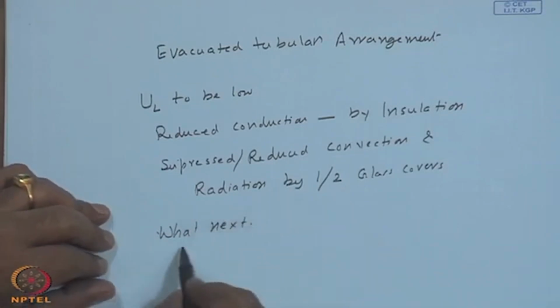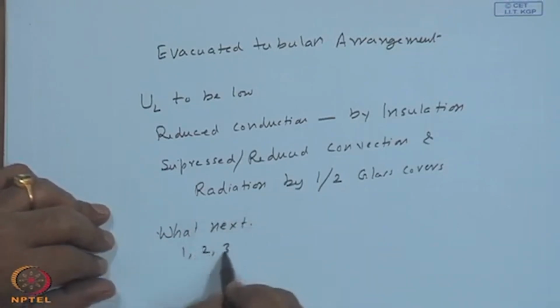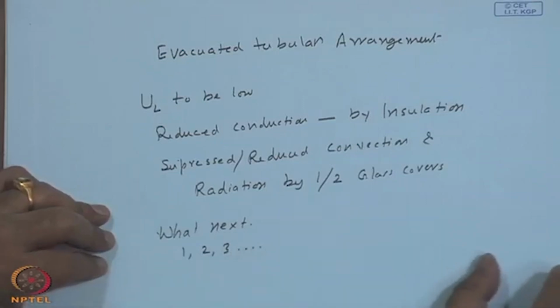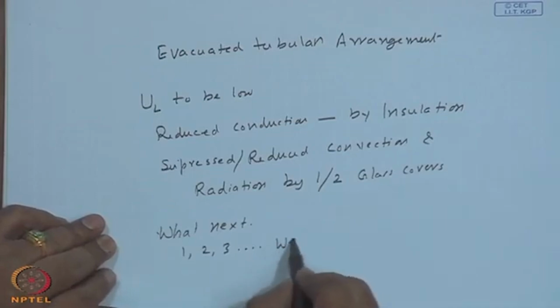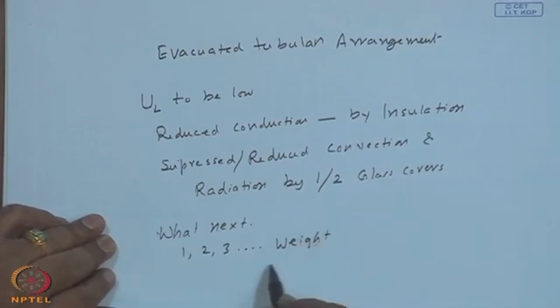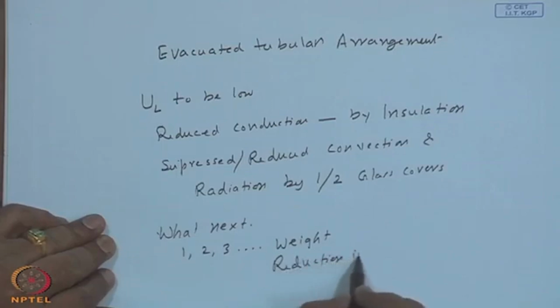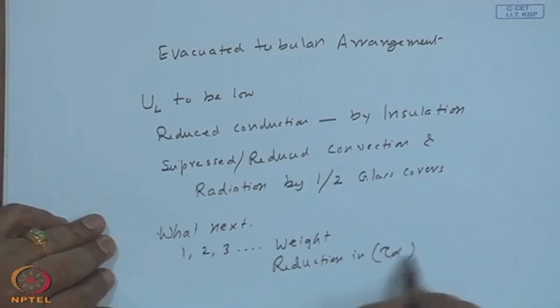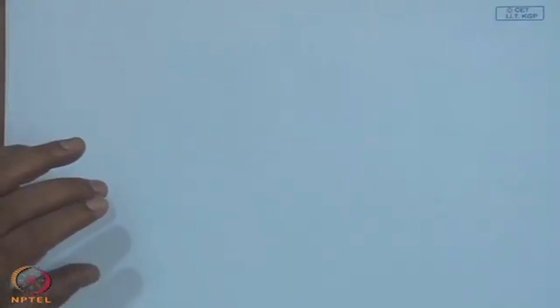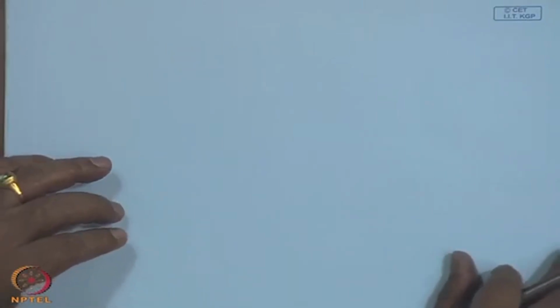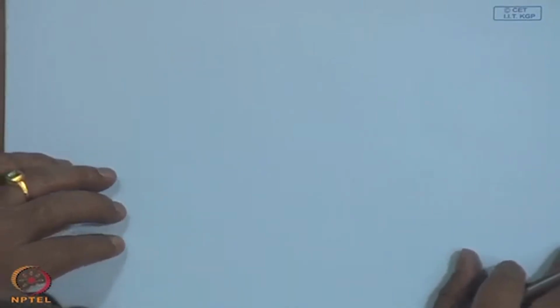Now, one can go 1 glass cover, 2 glass covers, 3 glass covers, so on and so forth, but they have their own disadvantage of weight and a reduction in the effective transmittance absorptance product. So, there is a limit to the number of glass covers, and these are issues that do not directly come in the theory, but which we do well to remember.